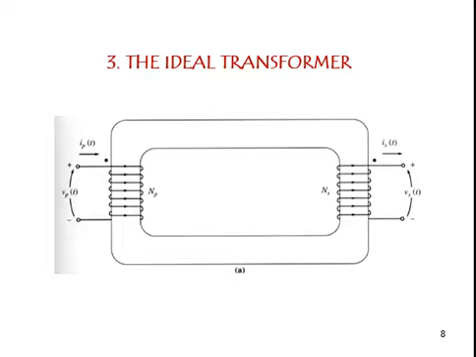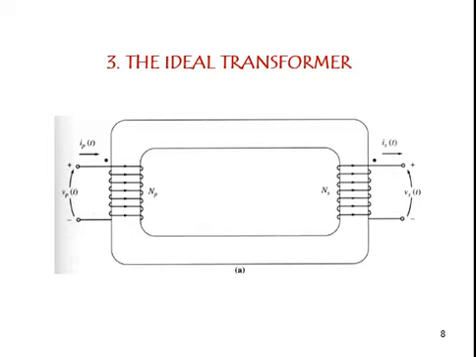Similarly, on the right side there are ns secondary turns. The voltage on the primary side is Vp with current Ip. Similarly, on the secondary side, the voltage is Vs and the current is Is.